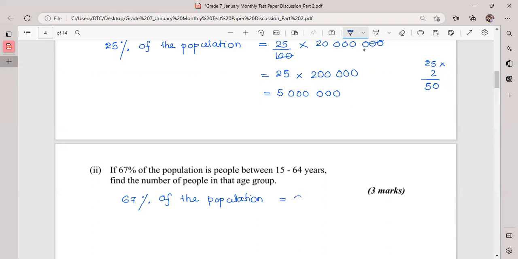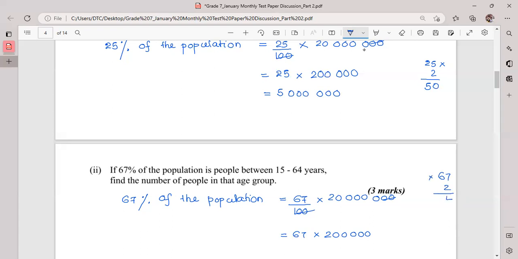So then you write 67 per 100 of the population, that is 20 million. Again, you can simplify it like this. Then what happened? 67 multiplied by 200,000.